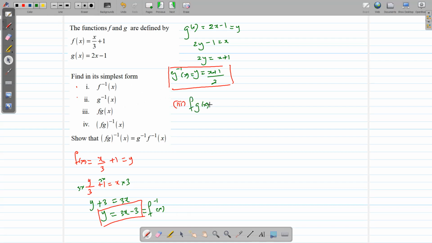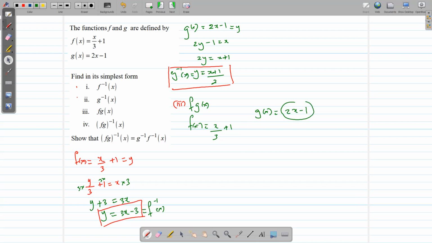F of g of x is found by substituting the function. It's a composite function, so we're going to substitute g of x into f of x. So f of x is equal to x over 3 plus 1. G of x is equal to 2x minus 1.